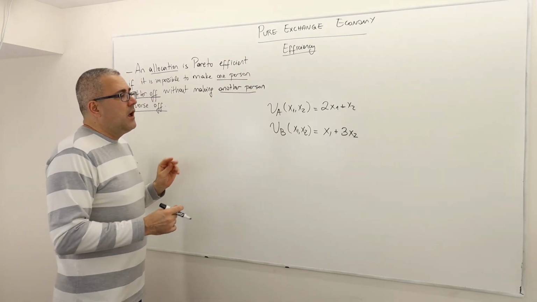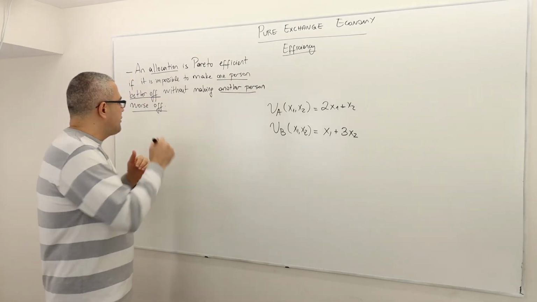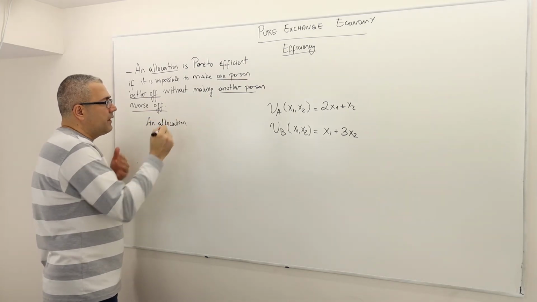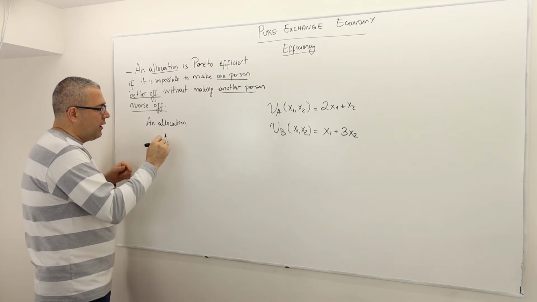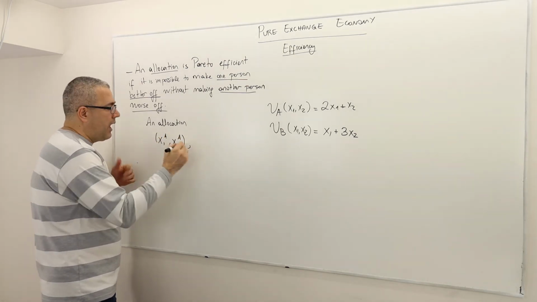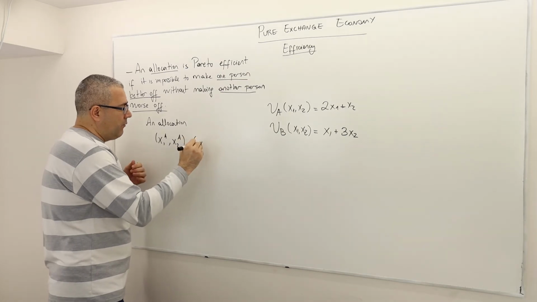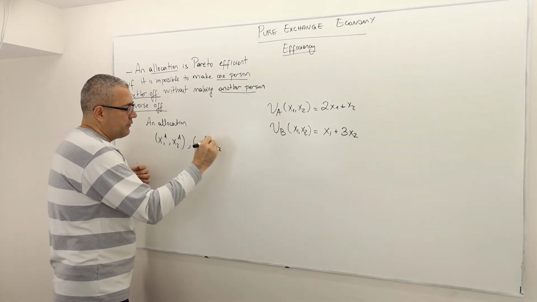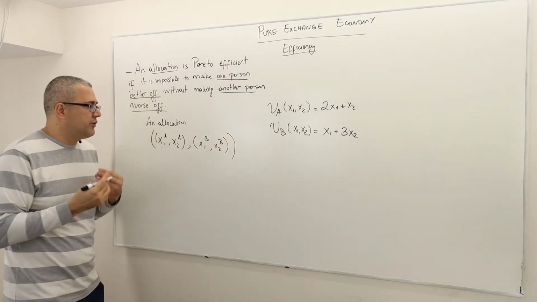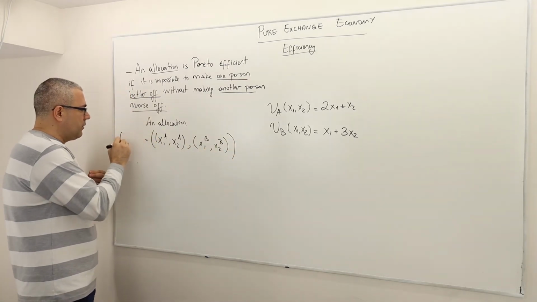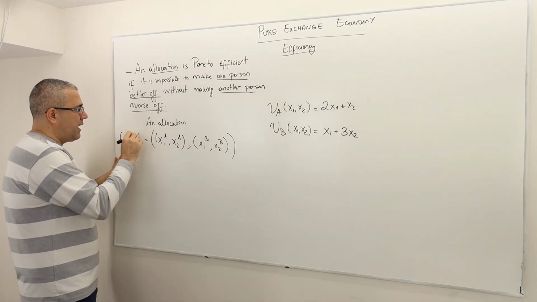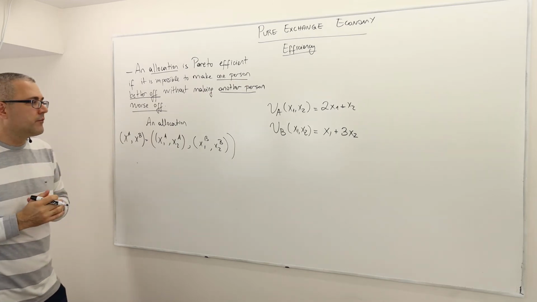Here, remember, an allocation is how much good 1 and good 2 Anita is going to consume, and how much good 1 and good 2 Bob is going to consume. So this is what an allocation is, also represented as Anita's bundle and Bob's bundle, all right?